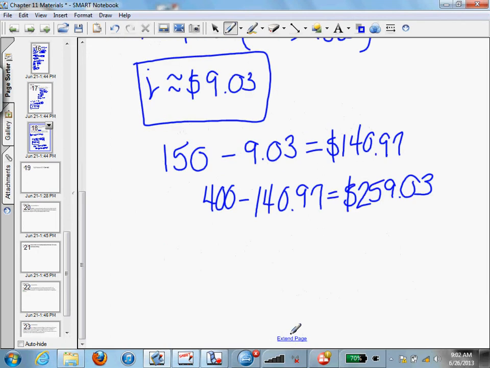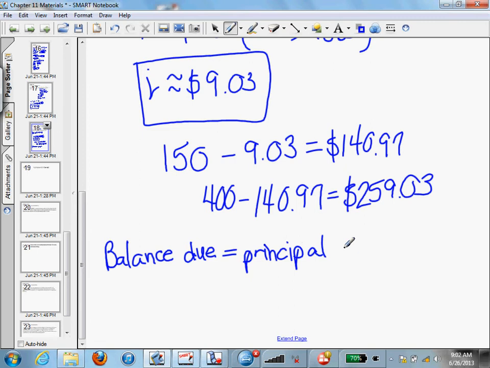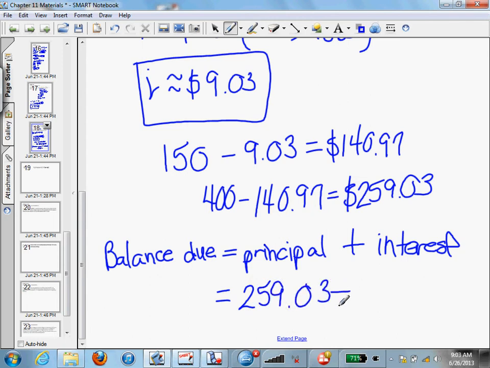Okay, so from there you have the balance due equals the principal plus interest. So that's going to be the amount that's due now, the $259.03, plus the interest. And what's the interest?